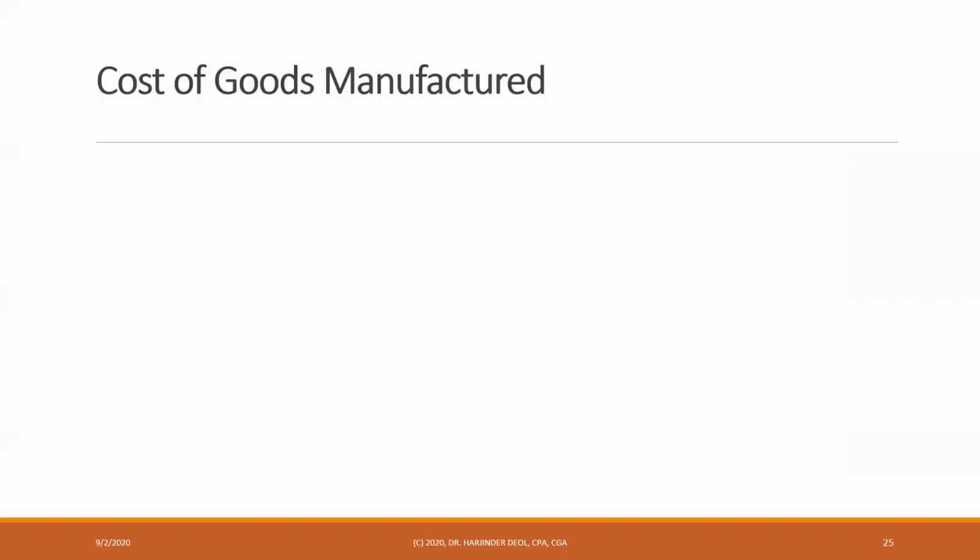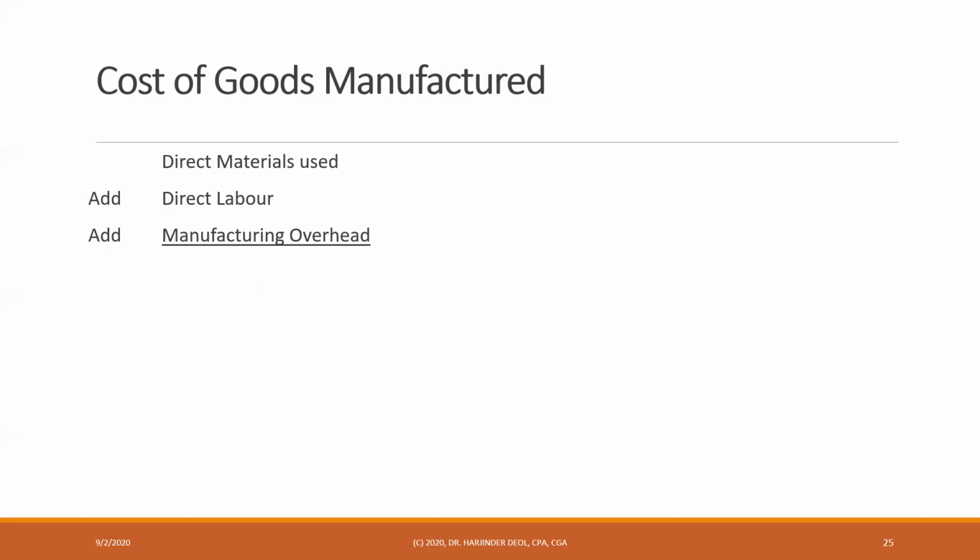Next up, we'll move on to the concept of cost of goods manufactured. Now, cost of goods manufactured is calculated thus. We start with the cost of direct materials that were used for production. Add to that the cost of direct labor and the cost of manufacturing overhead incurred during the period of time.